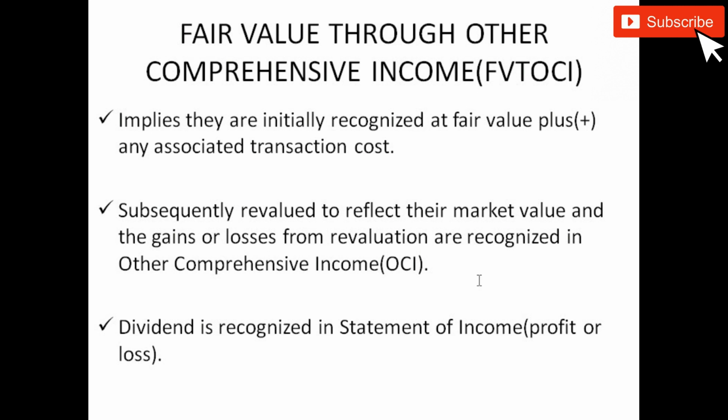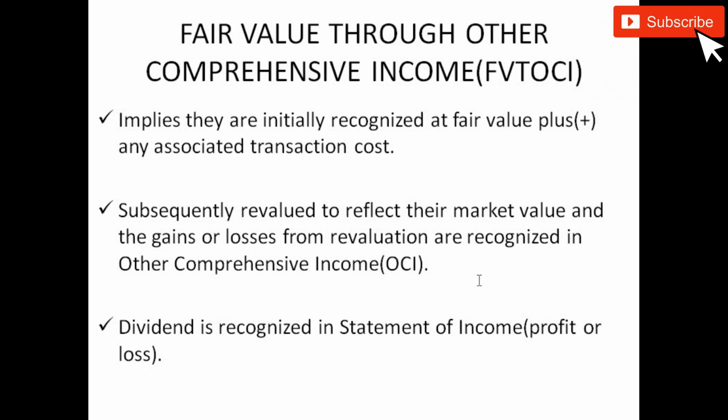financial asset. Subsequently, we revalue to reflect their market value, and gains or losses from revaluation are recognized in other comprehensive income. So the gains or losses we recognize are a result of checking whether there are increments or decrements in the market value of the financial asset.